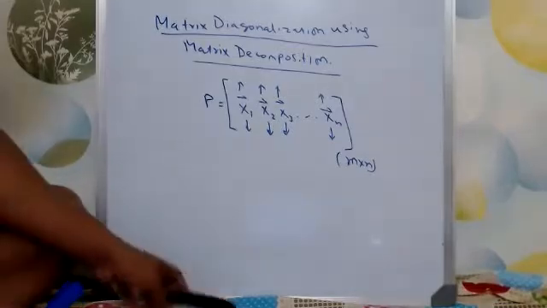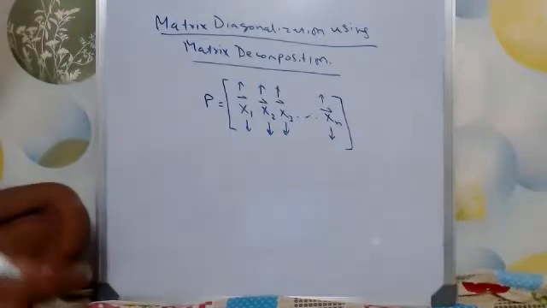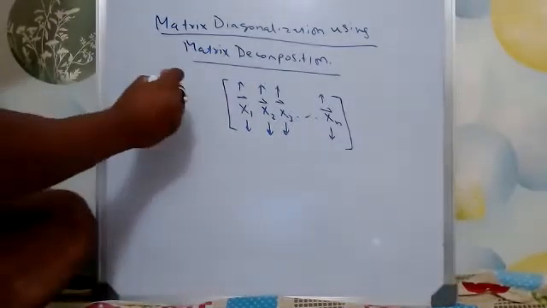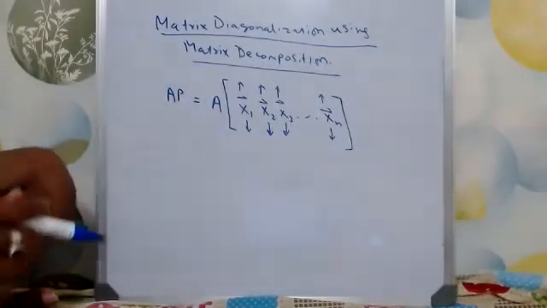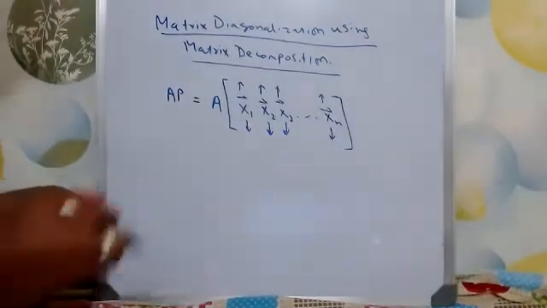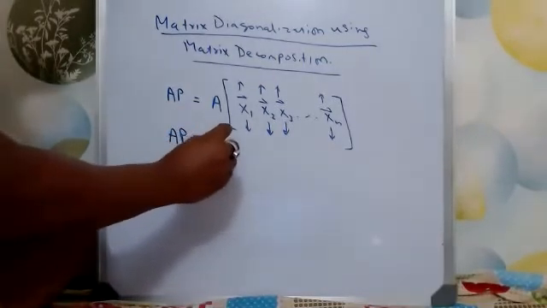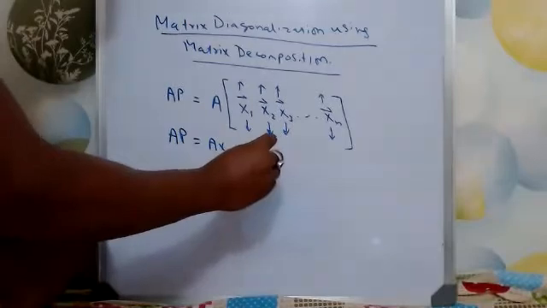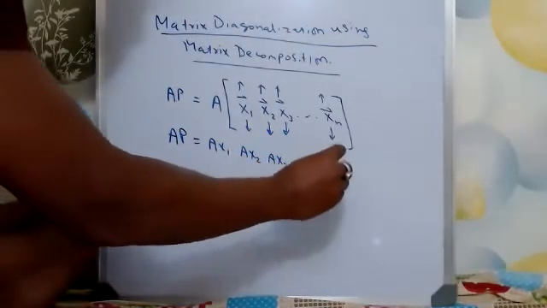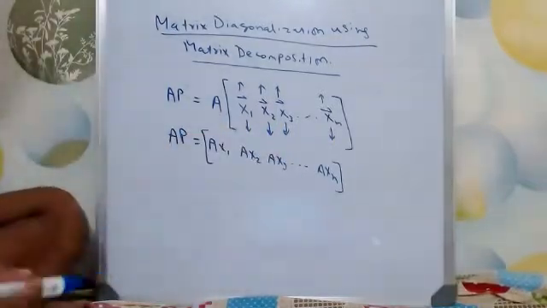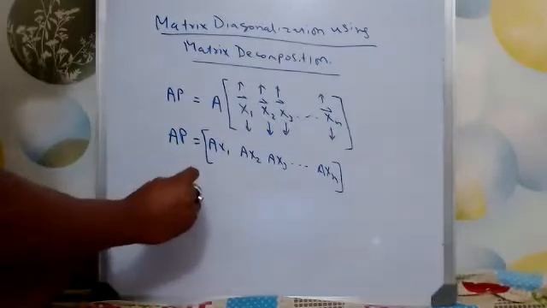Now let me multiply A on both sides of the equation. So AP is equal to A times the matrix of x1 and so on. Otherwise I can write AP is equal to AX1, AX2, AX3 till AXn, multiplying A with each of the eigenvectors. Now who can say what I can write in place of AX1?